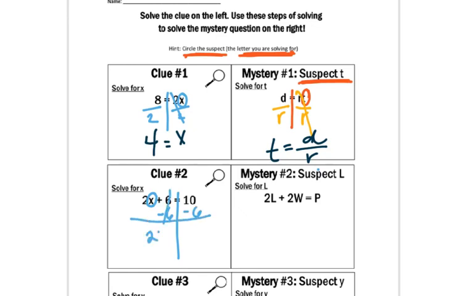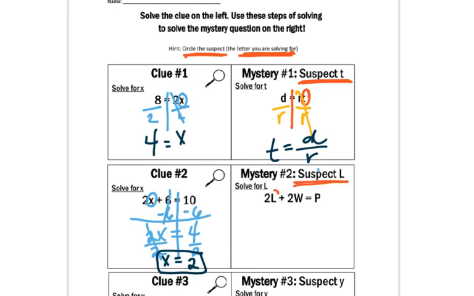That leaves me with a 2x, an equal sign, and a 4. We need to get x by itself, so we divide both sides by 2. So x equals 4 divided by 2 is 2. X equals 2.